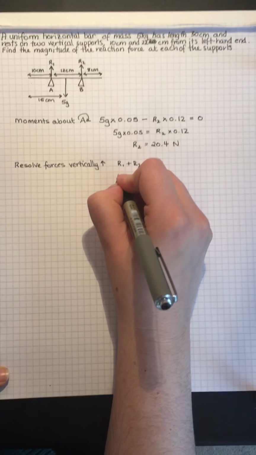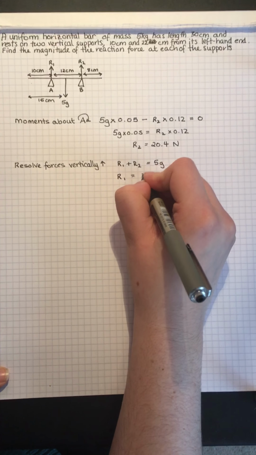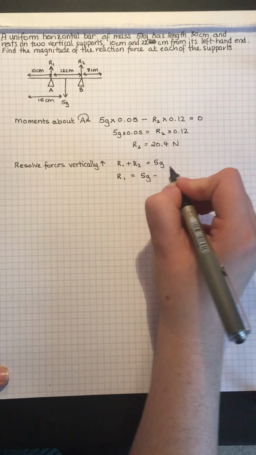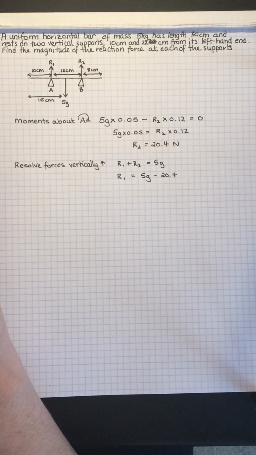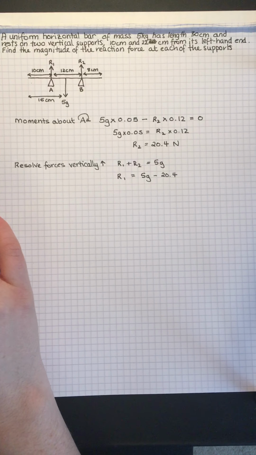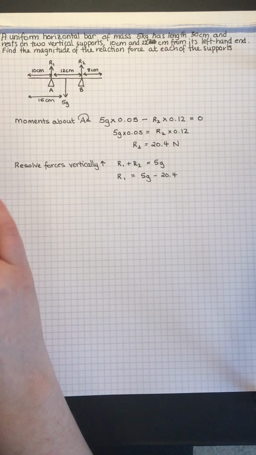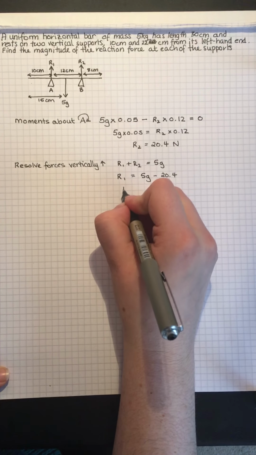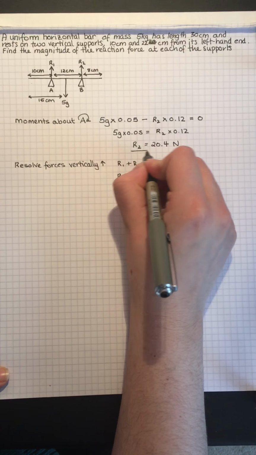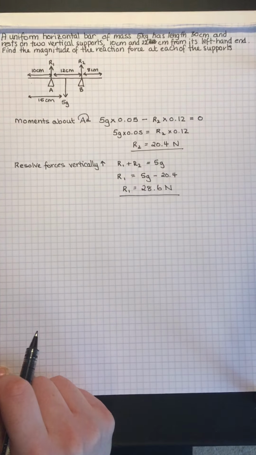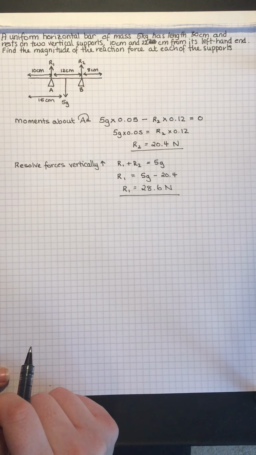Now we already know R2, so R1 is 5g minus 20.4, which is 28.6 newtons. Okay, and there we have the answers for the reaction force at each support.